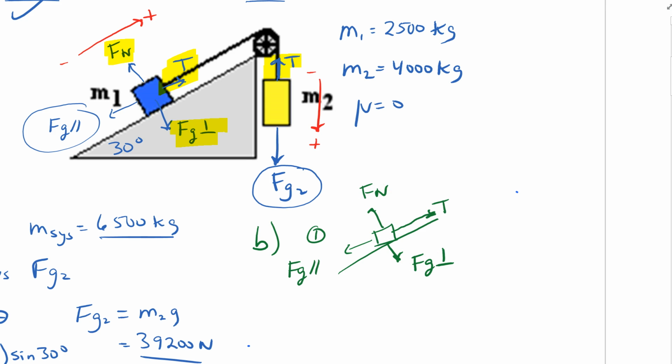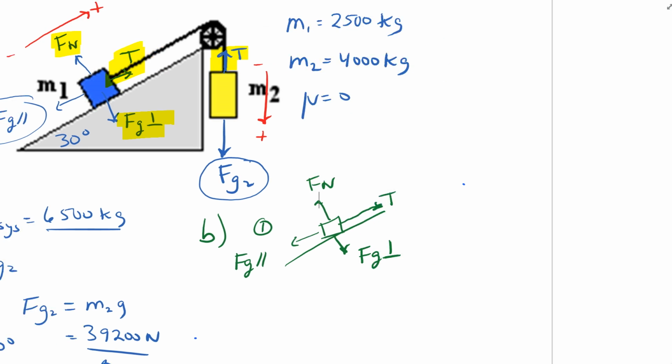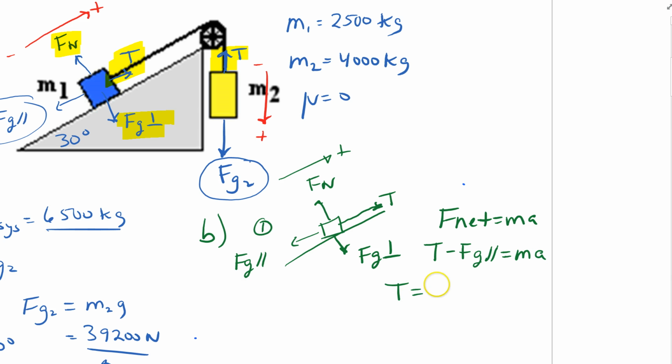Okay, so if I write my F net equals ma statement, and again, this direction is positive, so F net is the sum of all the forces. We're going to have T minus FG parallel equal to the mass times the acceleration. So if I solve for T, T is equal to FG parallel plus ma.